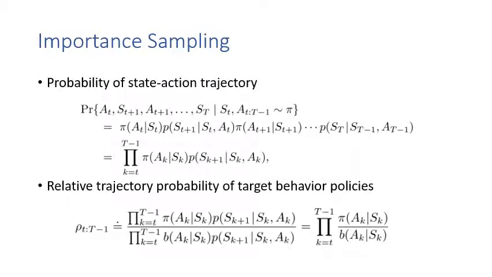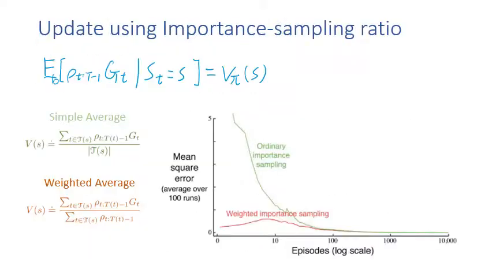So the importance sampling is just the ratio of the relative trajectory probability between the target policy and the behavior policy. We can use this relative trajectory probability to update the target policy. And there are two strategies to update the target policy.